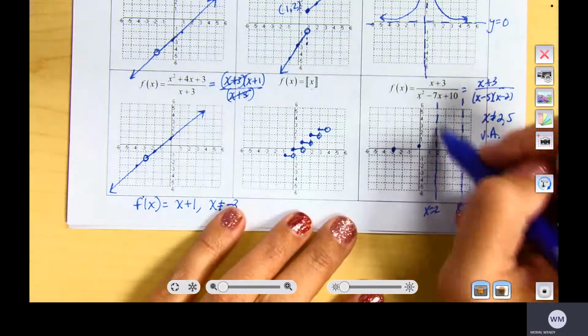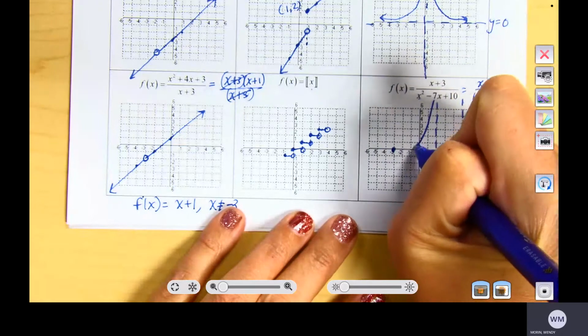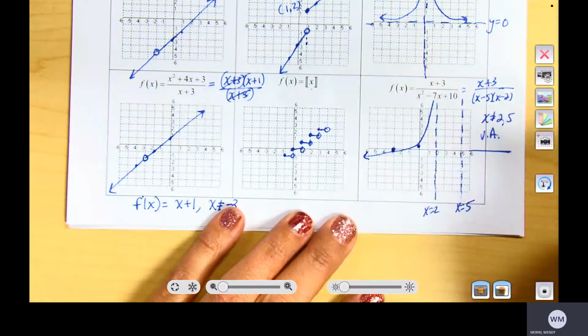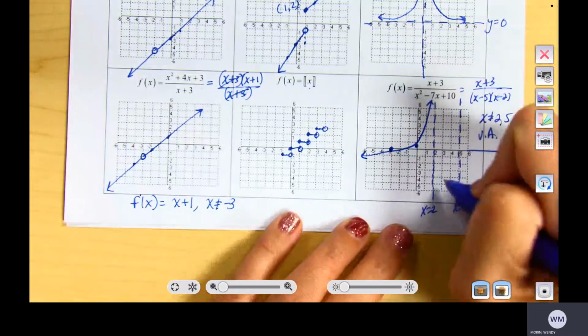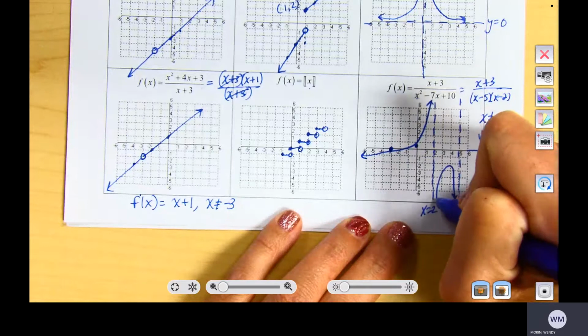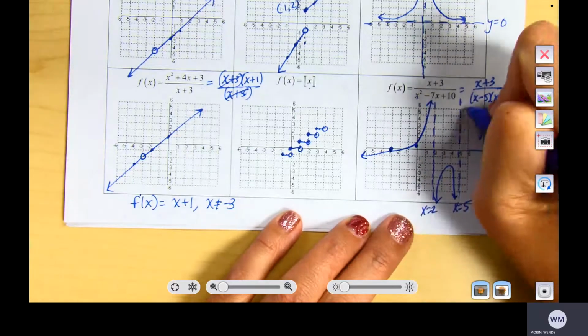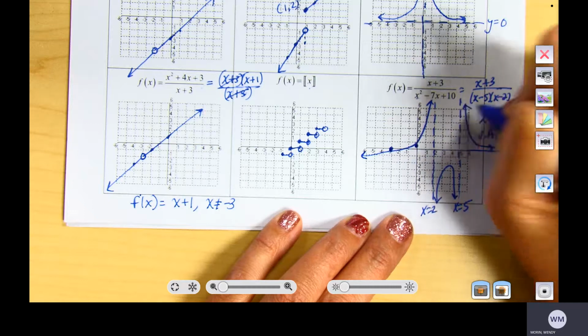So you know this is an asymptote. So what's going to happen is it's going to go through those 2 points. Okay? It's going to approach that. This right here, and again, you can get this off the sketch off the graphing calculator. That's going to do that. And then over here, it's going to do this.